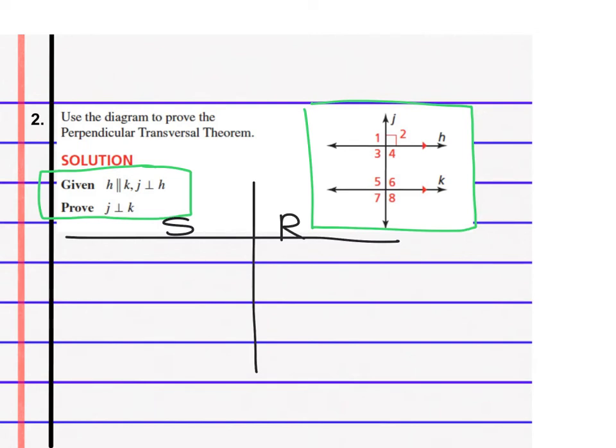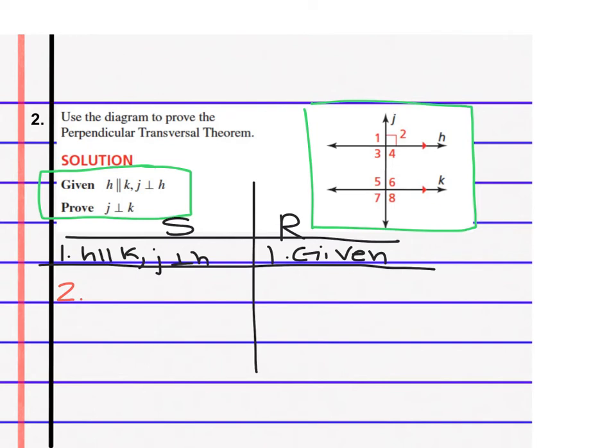I always want to start with what was given. So I'm going to start with H is parallel to K, J is perpendicular to H, and my reason is given. Okay, so let's think about what else we know in this proof.